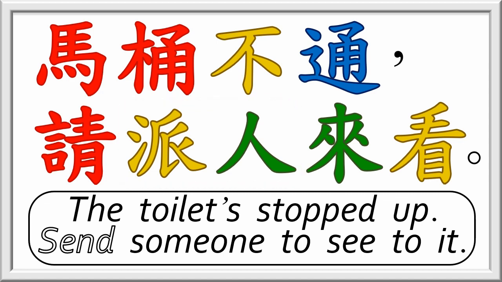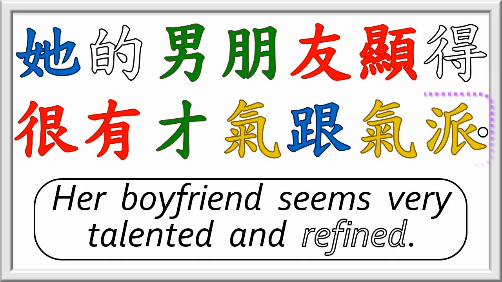The toilet's stopped up. Please send someone to check it out. 气派 refers to a person's style or manner, their bearing or comportment. 她的男朋友显得很有才气跟气派. Her boyfriend appears very talented and refined.